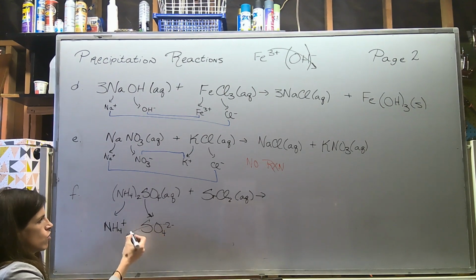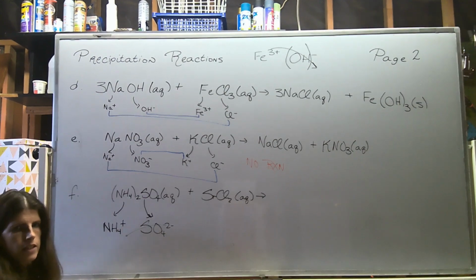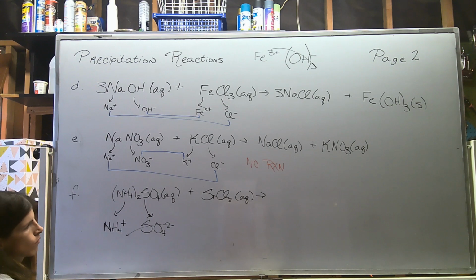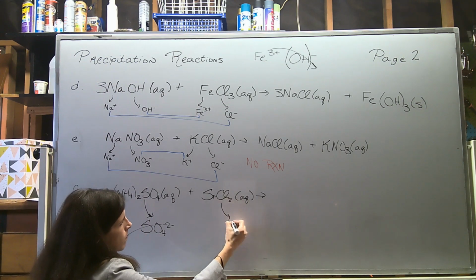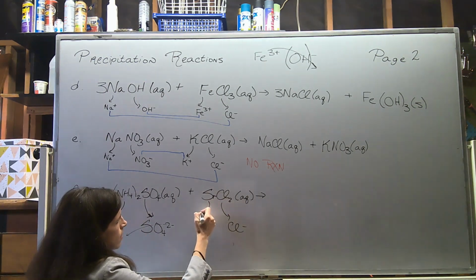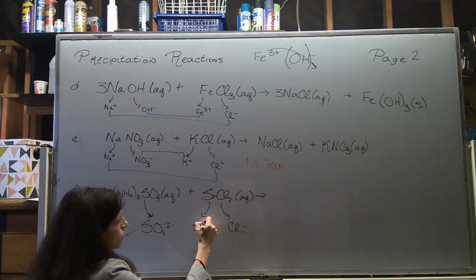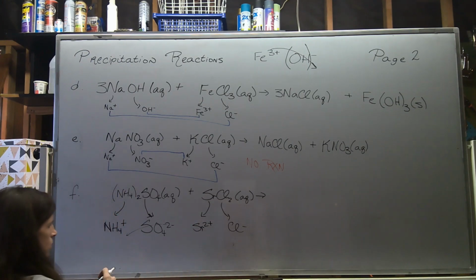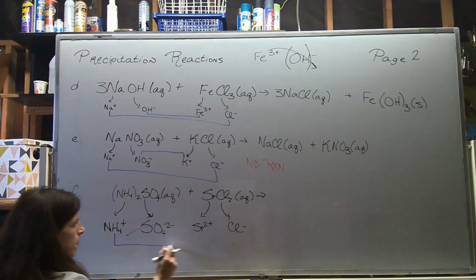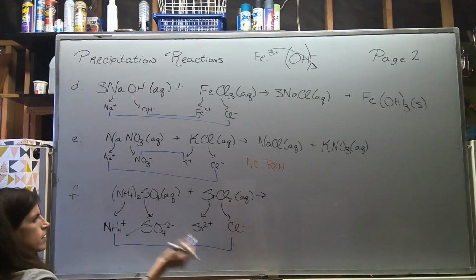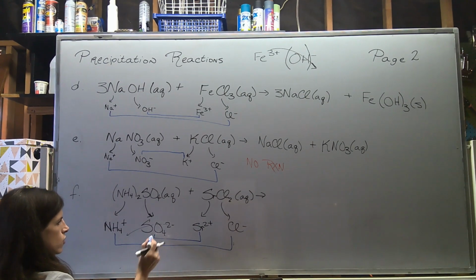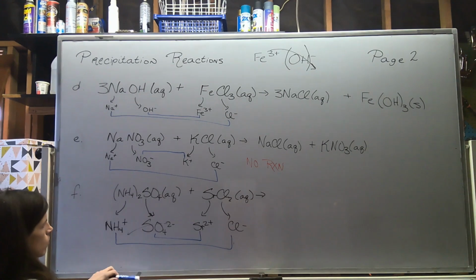So I'm like, okay, the 2 would come down here. Make sure you got the charges correct. So you have Cl-, and the strontium is going to be a 2+. Do-si-do. So ammonium is going to hook up with chloride, and strontium is going to hook up with sulfate.